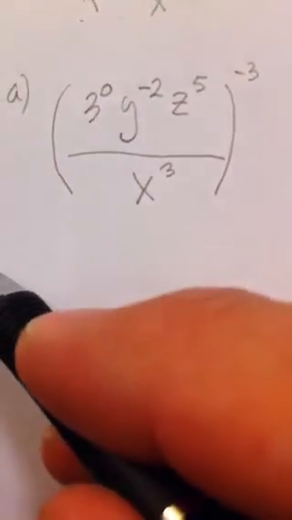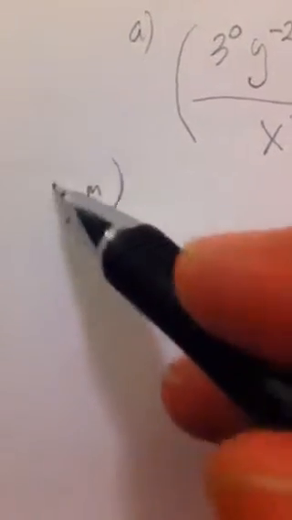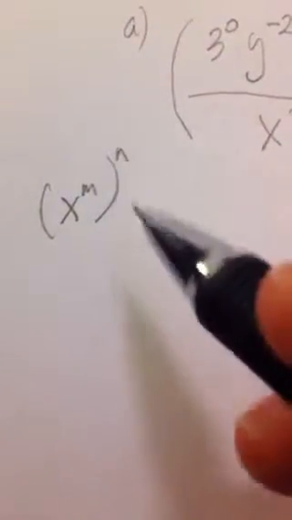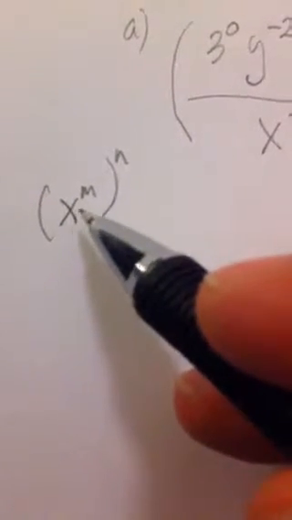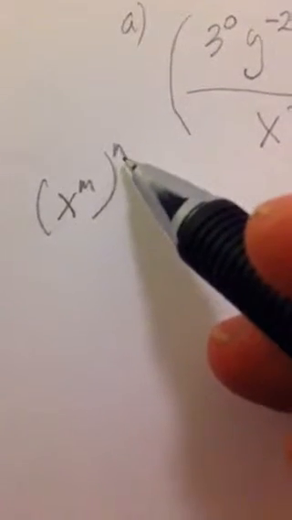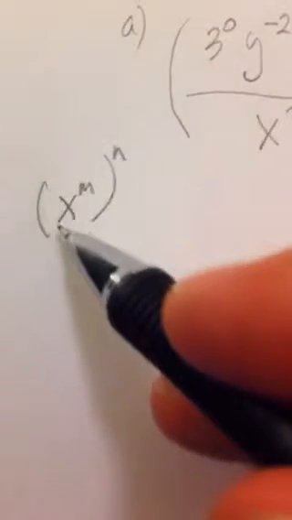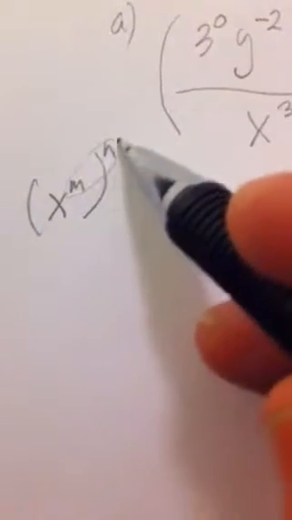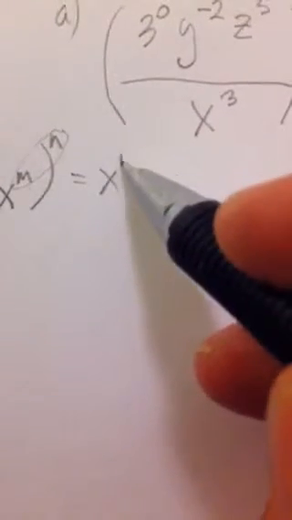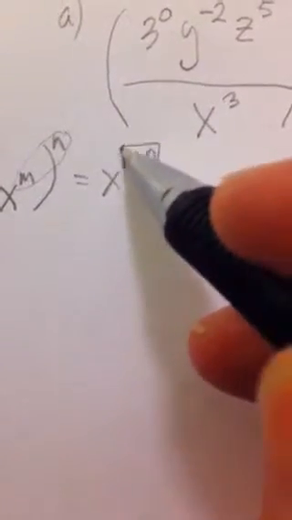Now this looks really complicated, but if we understand the power rule, it states that any factor in parentheses raised to a power, and that entire element is raised to a power, these powers can be related as multiplication, m times n.